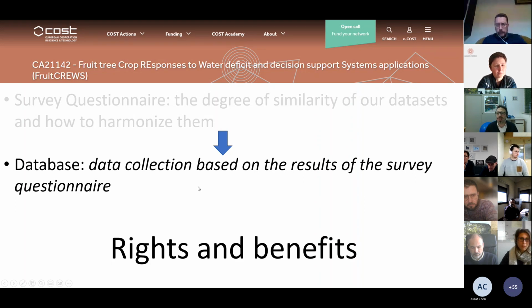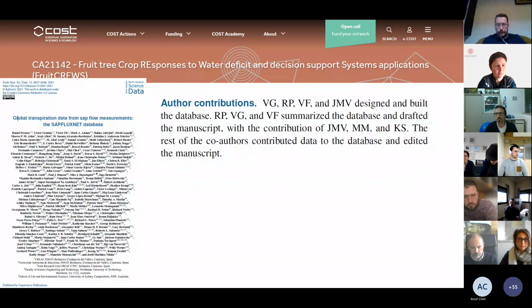For example, one benefit could be the review paper. There are some examples of reviews with more than 160 authors, where some authors prepared the review, but all the co-authors contributed to the database and edited the manuscript.